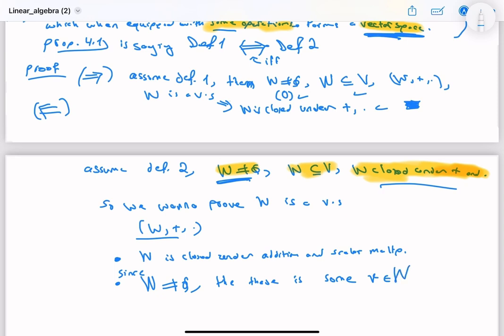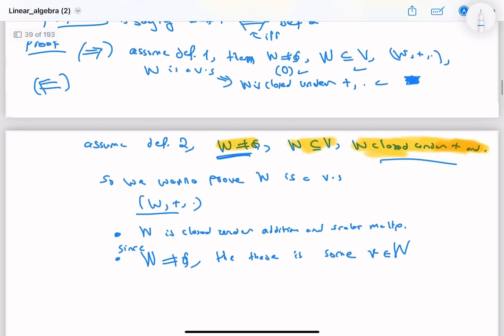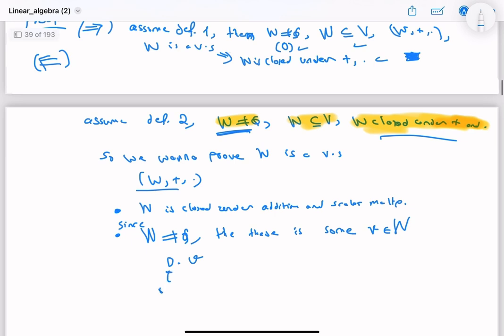But since there exists some v in omega, let us consider 0 times v, where by 0 I mean the real number 0. Because remember, scalar multiplication is defined between scalars and vectors, and this is a vector, right? So 0 times v is 0, right?